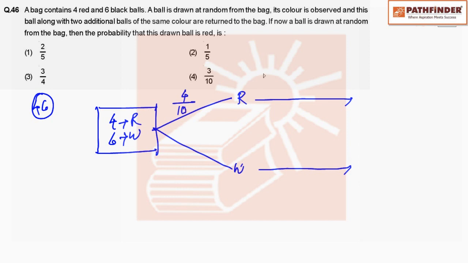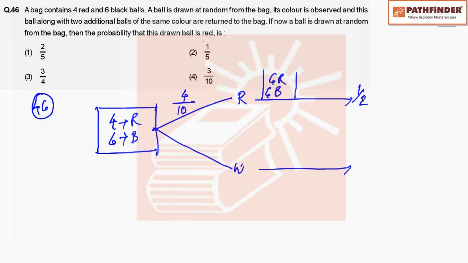So there will be 6 red balls and 6 black balls. So in that case, the probability of getting 1 red ball is half.